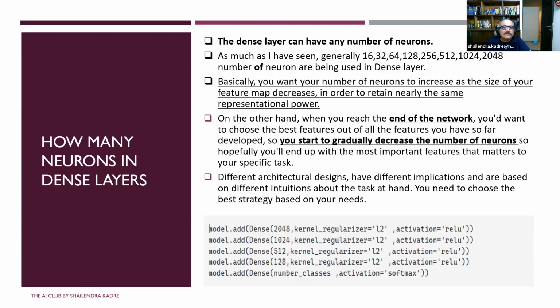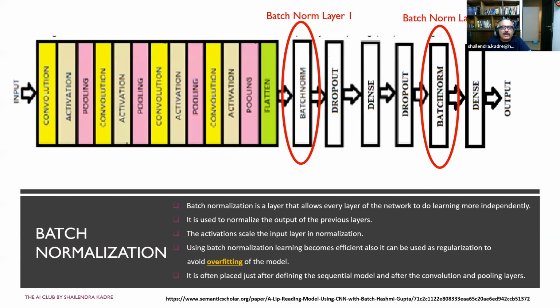So once again, batch normalization. Why do we do batch normalization? Batch normalization is the layer that allows every layer of the neural network to learn more independently. It avoids overfitting also. Batch normalization is equivalent to your standard normalization, like the min-max scaler or standard scaler.